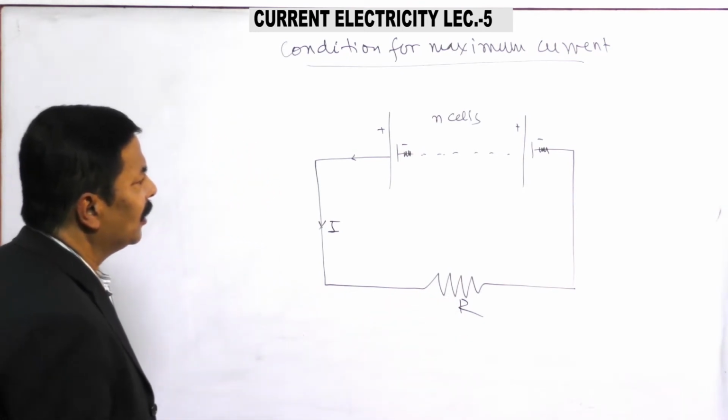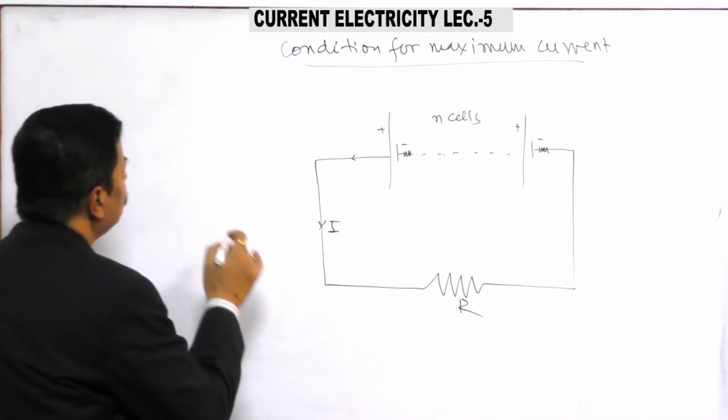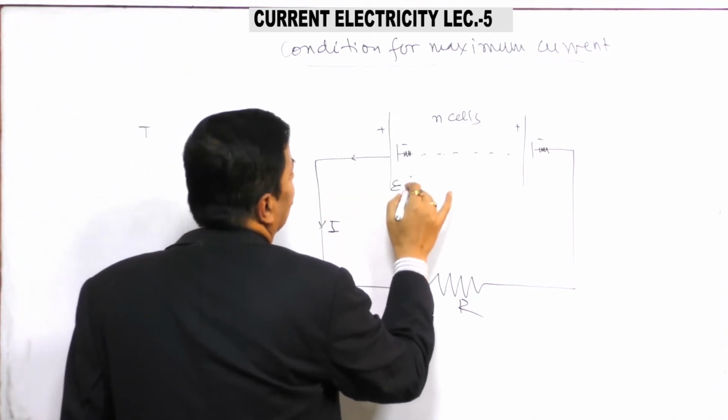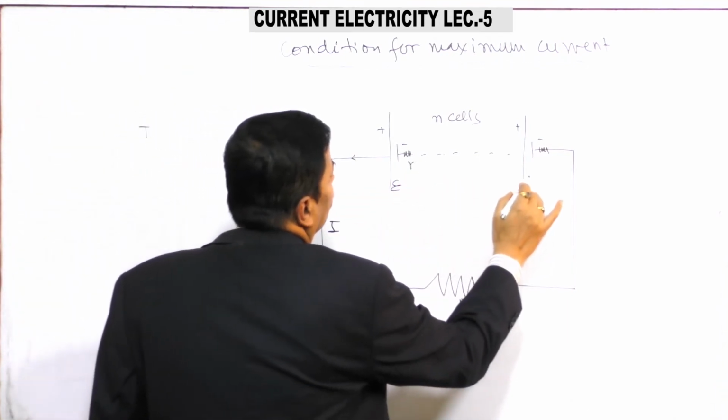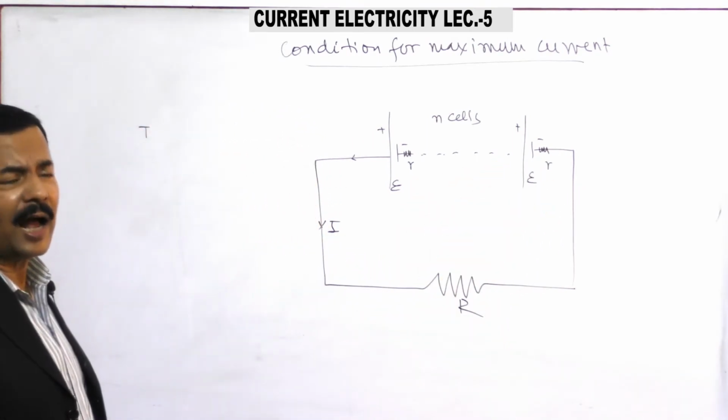In this situation, each cell has E, R. Identical cells are there. All cells are identical.